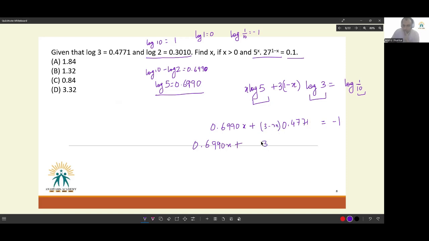So 3, 2 carried over. So 1.4313. You got this much minus 1.4313.